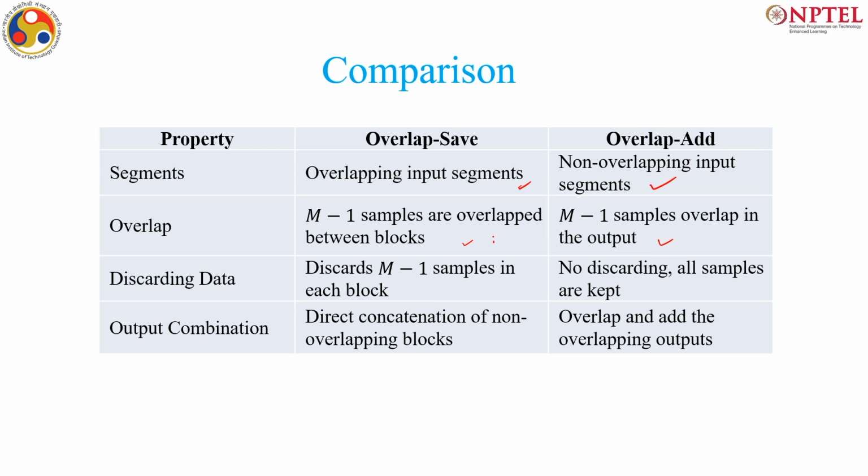Overlapped in this case means you are taking from the previous block, and here you are discarding the m minus 1 samples because these are coming from time domain aliasing, and here there is no need of discarding, you are just keeping them but adding, and this is direct concatenation, and this is overlapping and then adding to get the result. So, these are the 4 main differences. With more practice you will get things easier.